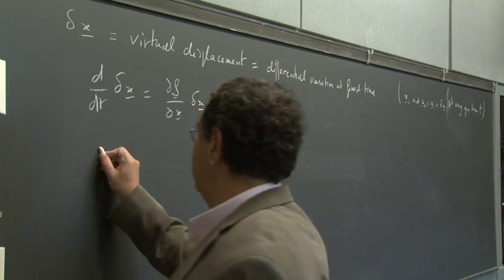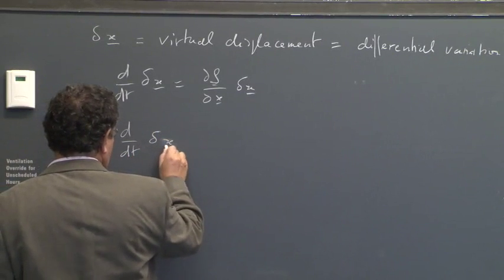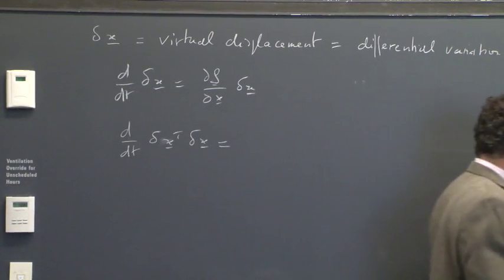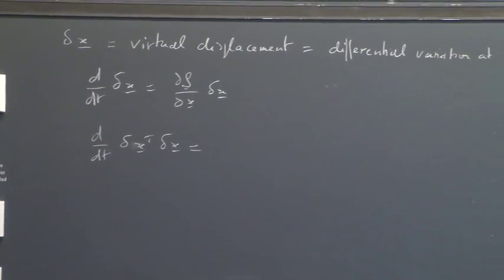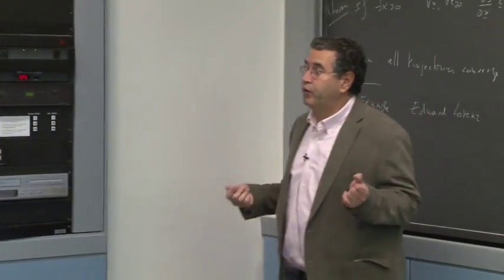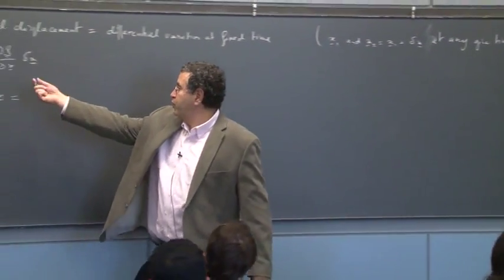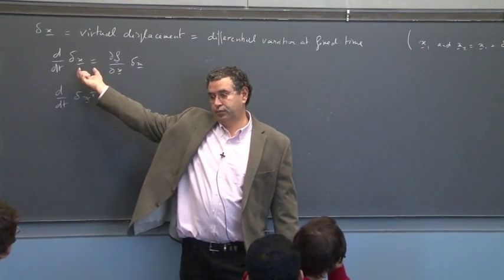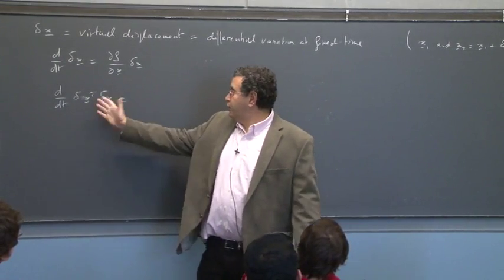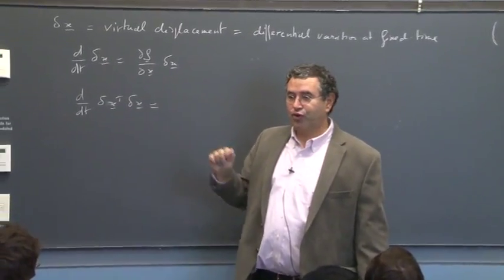Now, being a little bolder, and again, this can be formalized a little, but it's fairly straightforward conceptually. We can look at the time derivative of the length, if you want, of this differential element. And again, it's the product of two vectors, and so we get two terms, both of which are equal.